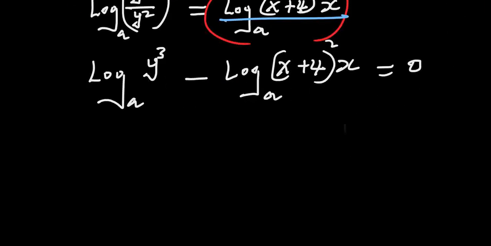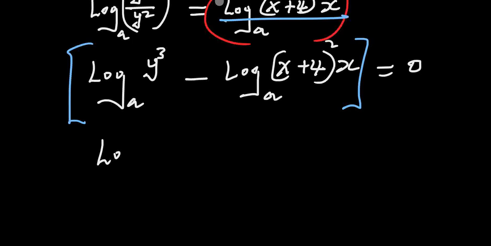So now we are going to write the whole of the left hand side as a single logarithm expression, and so this is going to give us log y to the third power divided by, because we have a negative sign here, we are going to divide by the whole of this.